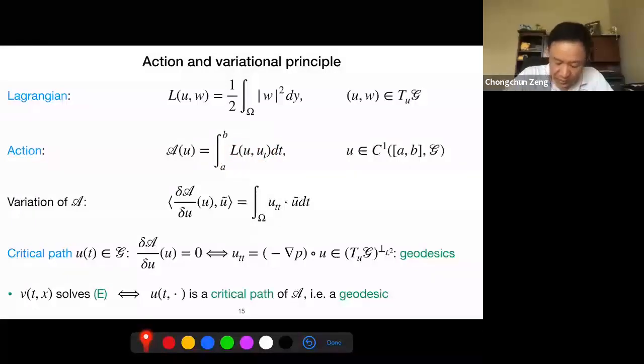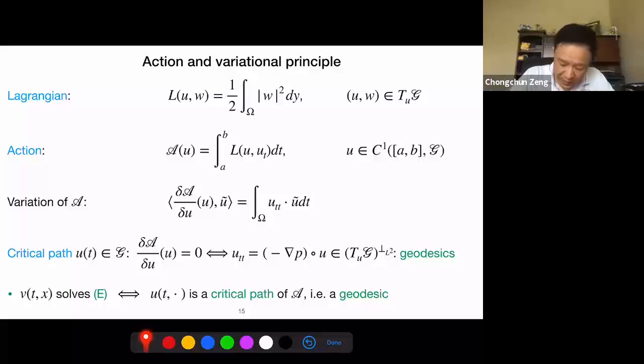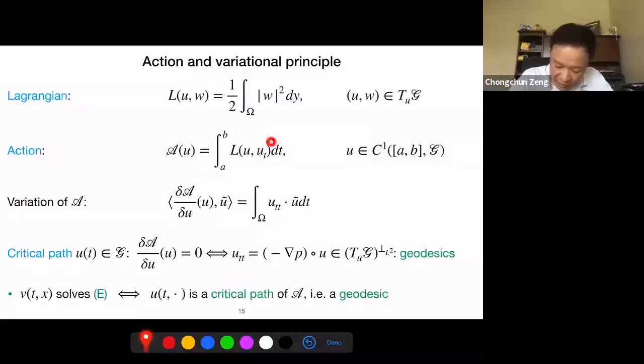And the minimum action principle says that one should consider the critical path. So for the critical path, you do the variation over here. That's u_t squared.